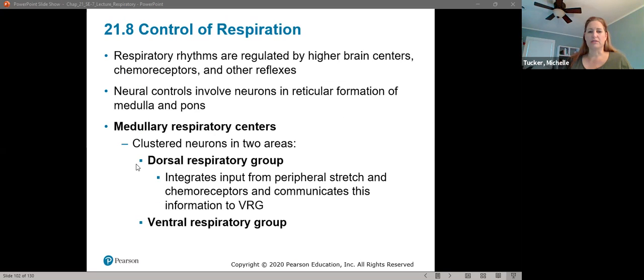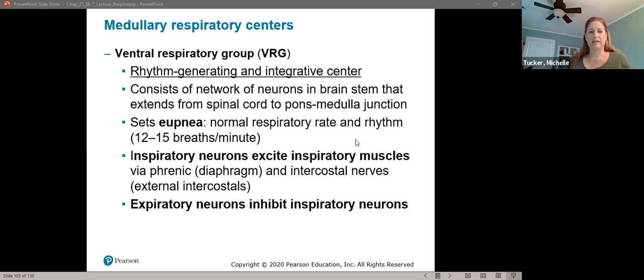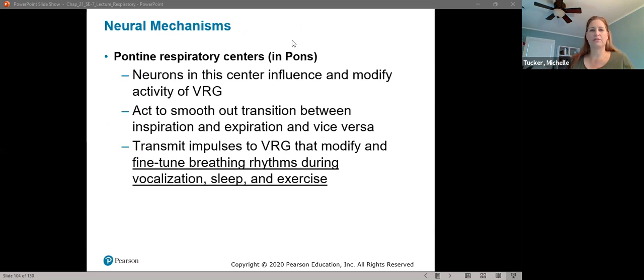The dorsal respiratory group is going to receive information from peripheral stretch receptors. These are going to be from proprioceptors as well as chemoreceptors. And we'll talk about this a little bit more when we get to exercise. And then we have our third center, the pontine respiratory center in the pons.